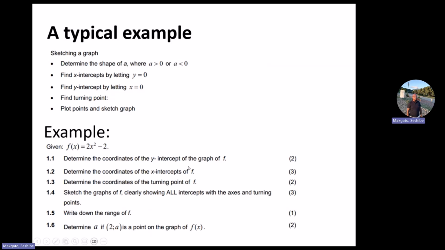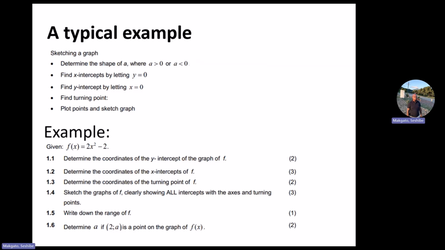So that means that we are going to equate this to 0, and then 2x squared minus 2 is equal to 0. Then we can either cancel the 2, or we can take 2 out. 2 into x squared minus 1, and then the 2 divided by 0 becomes 0.